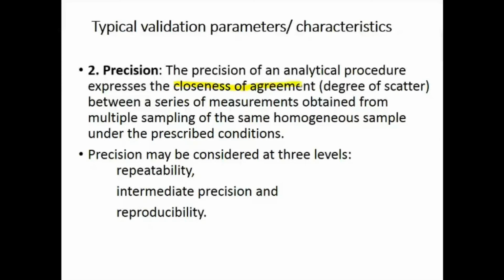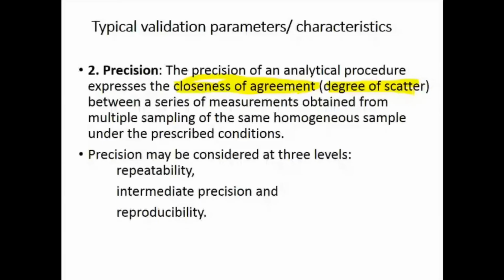Look, up to here the definition is the same, closeness of the agreement. The second part: in case of precision it is also called the degree of scatter between a series of measurements obtained from multiple sampling of the same homogeneous sample under the prescribed condition. Students write the definition accurately till here, but they forget to mention this, of same homogeneous sample.